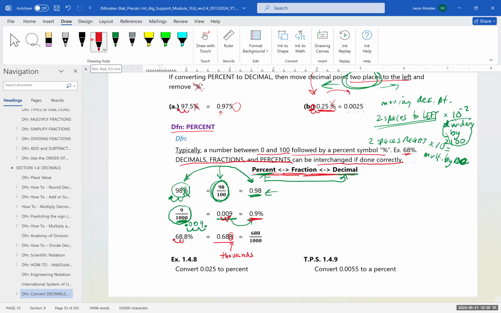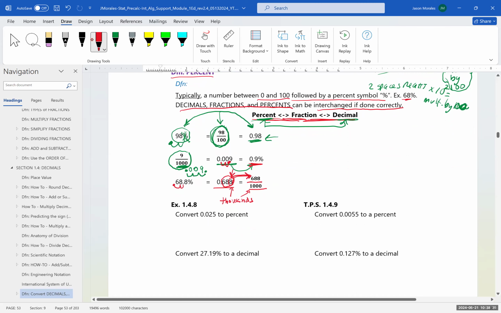So we can convert this decimal into a fraction by saying that we've got 688 divided by 1,000, because the 8 is in the thousands place. This is how we can convert a decimal directly into a fraction using what we know about place value that we learned at the very beginning of this chapter.